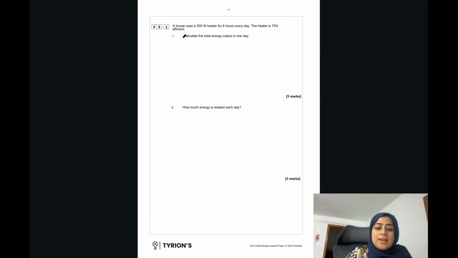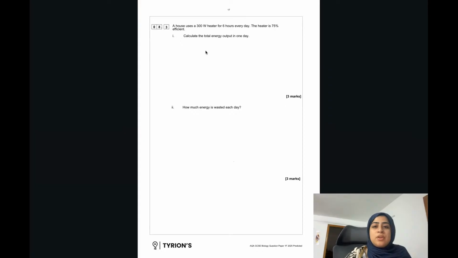So it says next, a house uses a 300 watt heater for 6 hours every day. It's 75% efficient. What's the total energy output in one day? So you know that, first of all, power, time, and energy relate to each other.